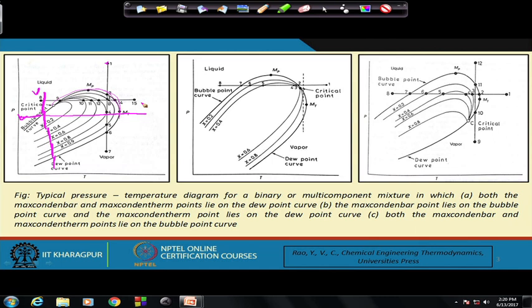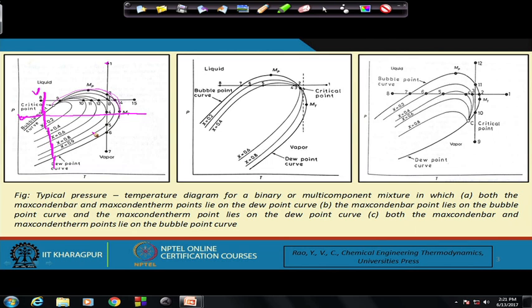Now, in this particular system where both MP and MT lie on the dew point curve, we have retrograde dew formation at constant pressure and retrograde dew formation at constant temperature, and these are known as retrograde condensation of the first kind.